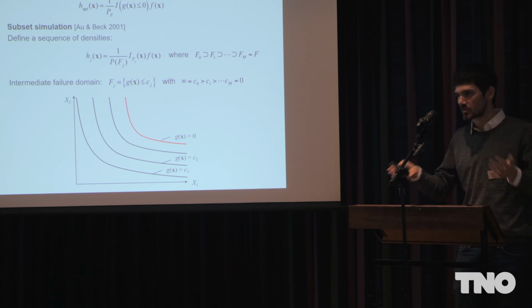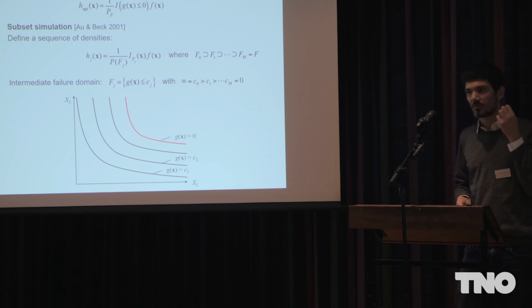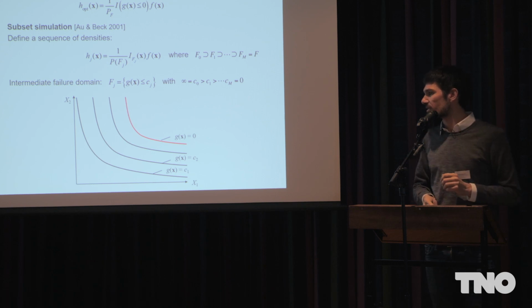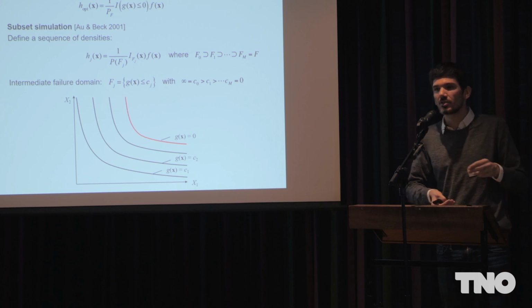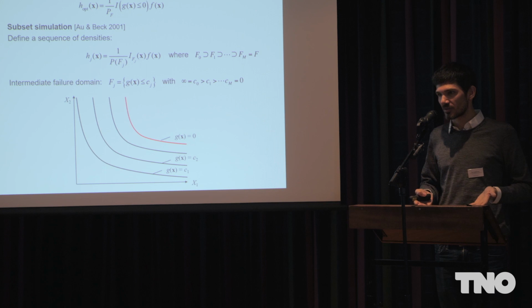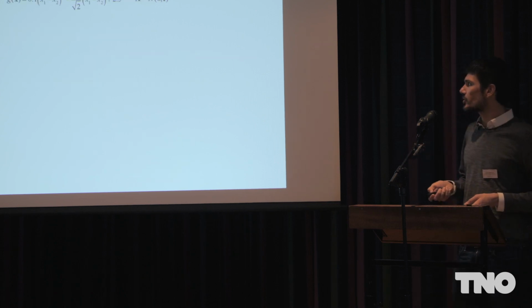So if you sample 1,000 samples, for example, you will get weights of 1 only if your samples lie in the next failure domain and 0 else. So you will get only a fraction of your samples that you can use in order to perform the move scheme. Okay, let me try to illustrate this a little bit with an example.